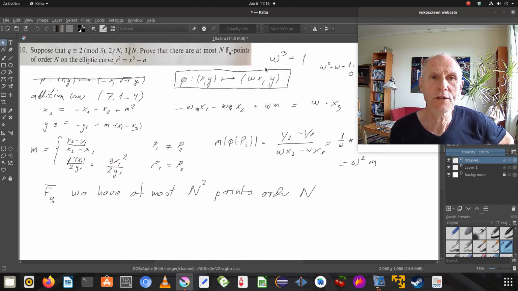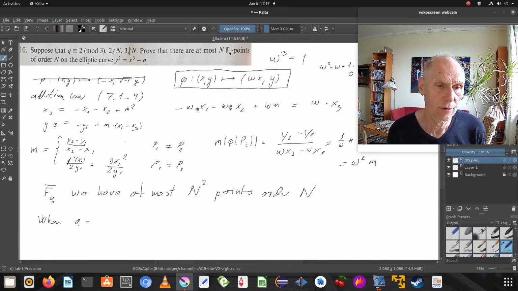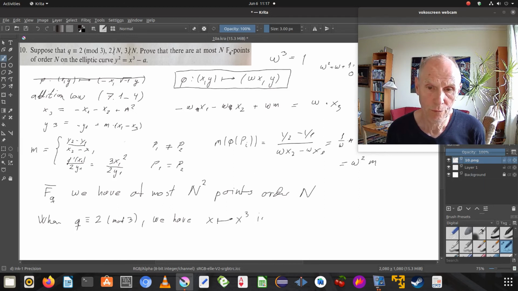Now, it's obvious, because we already know that because of this condition, there's only one solution to the equation x to the third, exactly one solution.